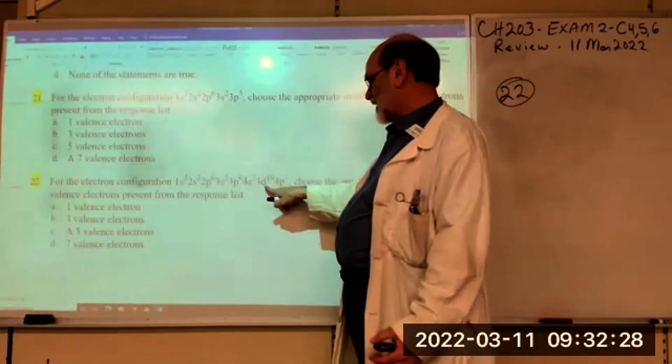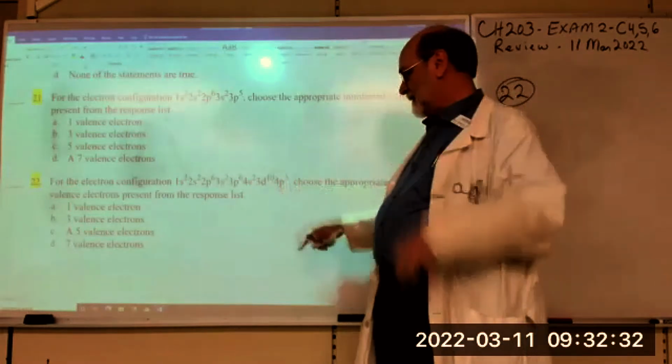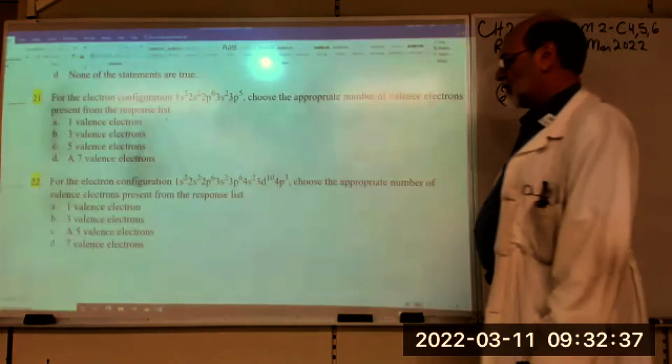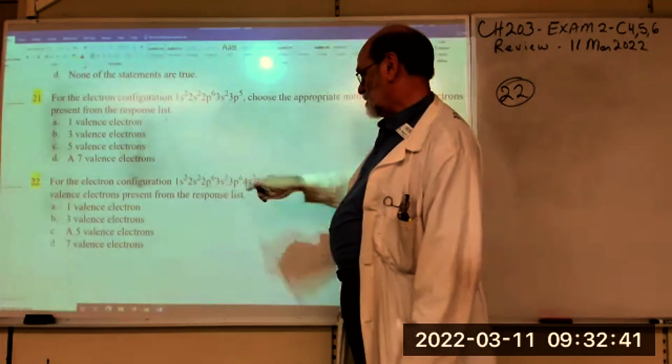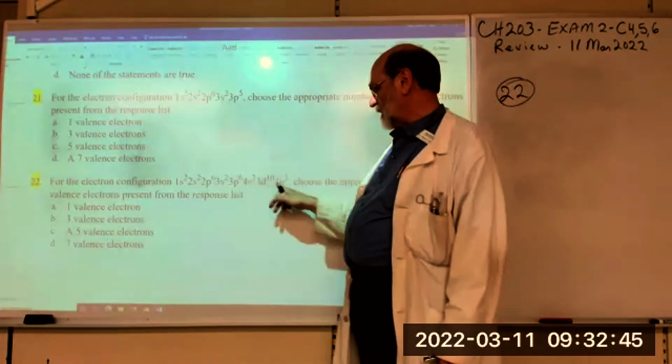And then once we get past them, we get to the 4s again in that period. Choose the appropriate number of valence electrons. Well, it'd be 3 plus 2 is 5. These are at the highest energy level.